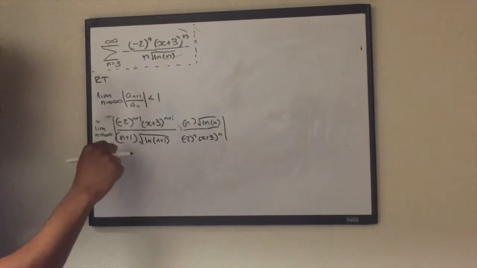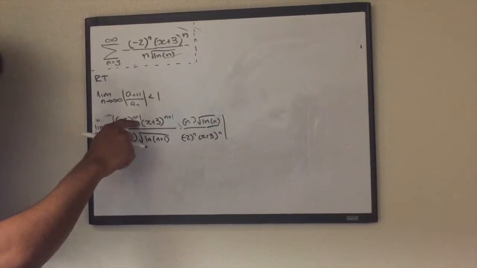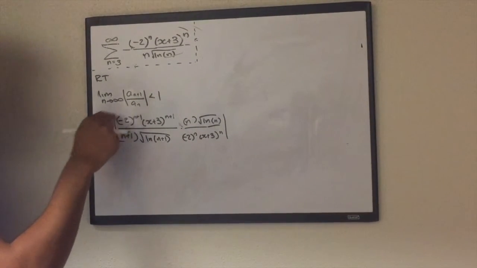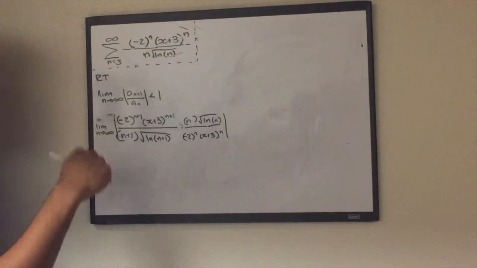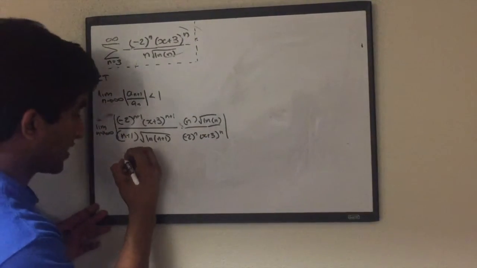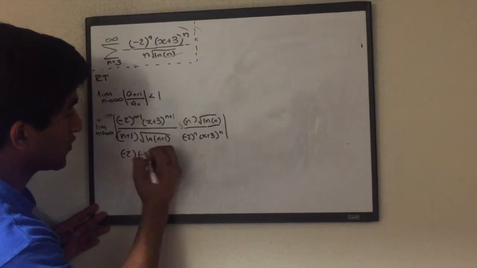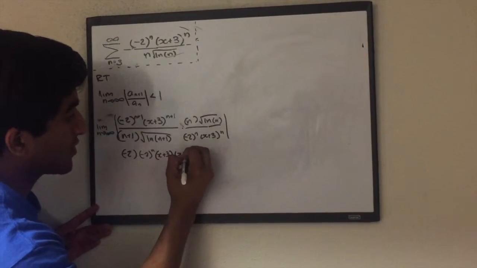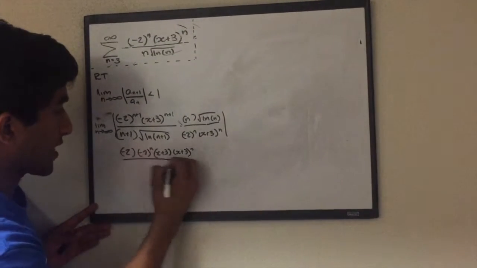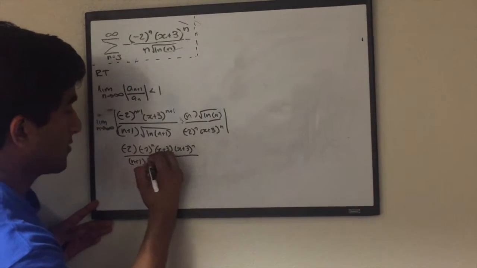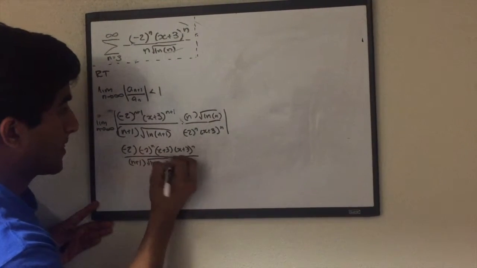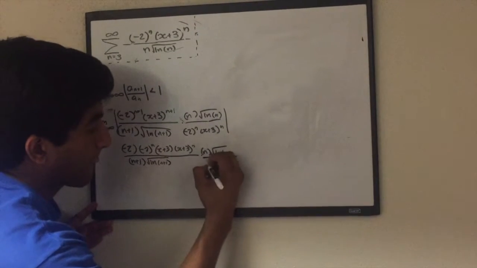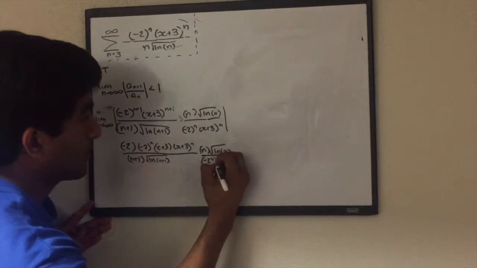The cool thing about this is if n plus 1 is in the power, we can just multiply by whatever's inside again and then subtract 1 from the power. So we'll get negative 2 times negative 2 to the n times x plus 3 times x plus 3 to the n, over the same thing.